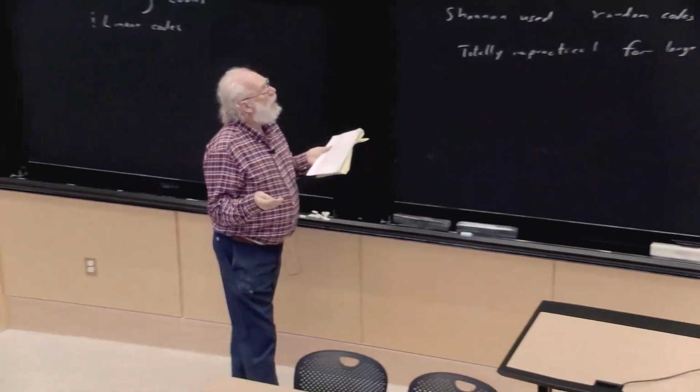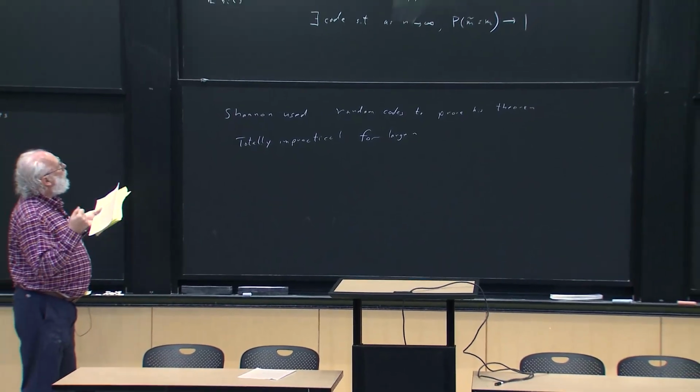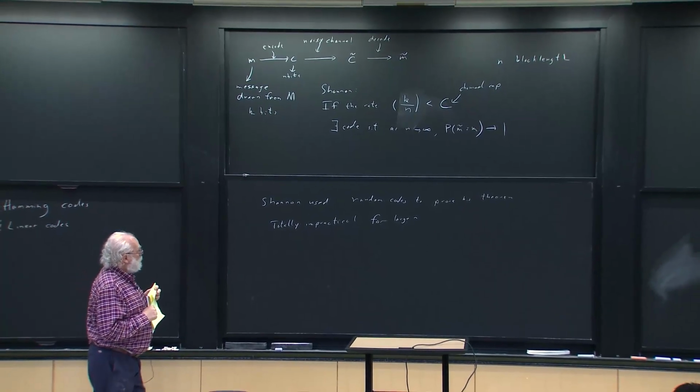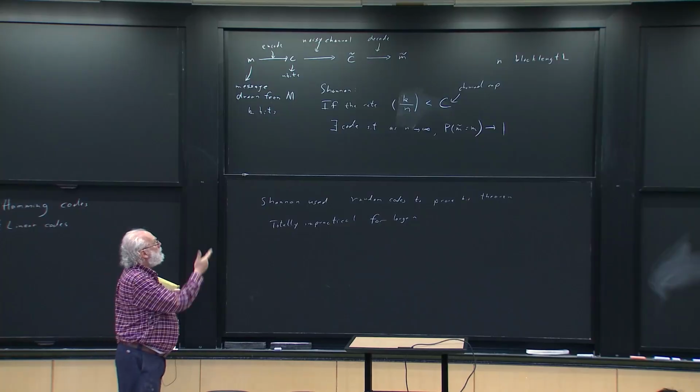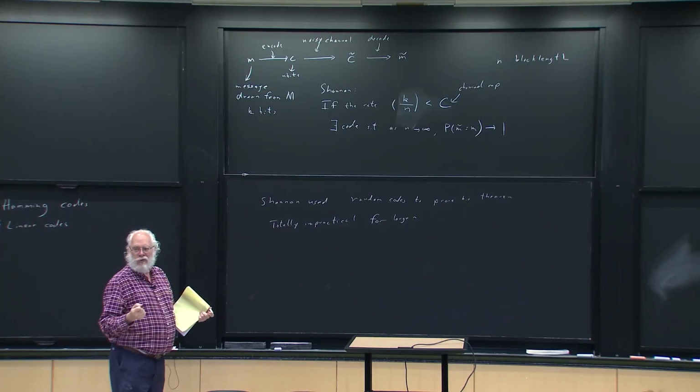Because what you have is a list of code words, which is exponential in n, and you get a received word, and you want to find which of these code words it's closest to.